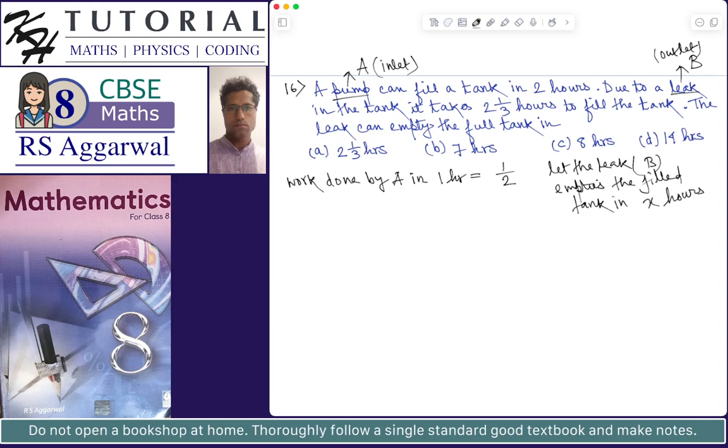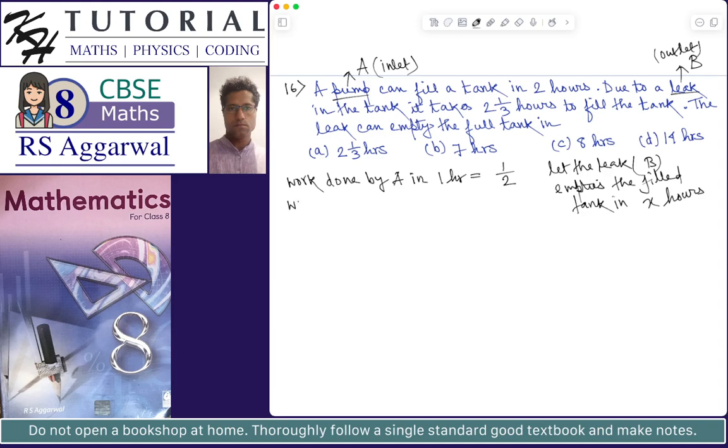The question is how much time the leak will take to empty the full tank, and we are assuming that the leak, which we have named B, will empty the full tank in X hours.